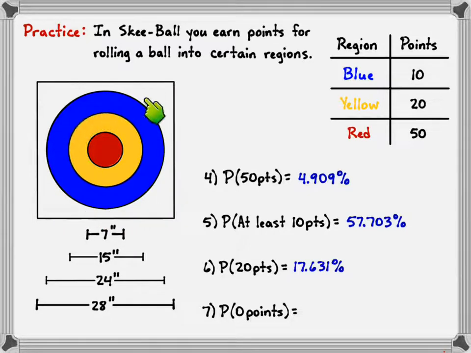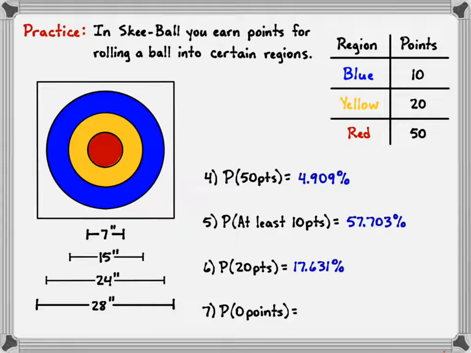You could find the area of the big circle and then subtract that from the area of the square, right? That would give you the area of the white space, and then divide that by the sample space, which is the area of the square. So the equation would be area of the square minus area of the big circle, and then all of that divided by the area of the square. You could do it that way.